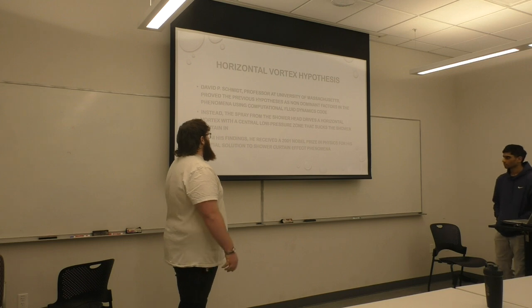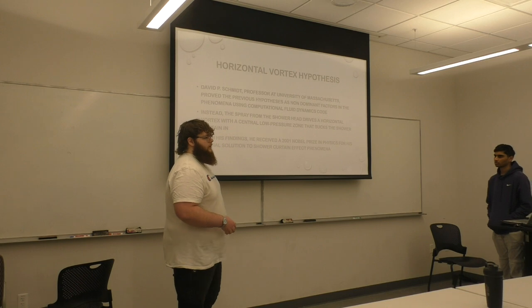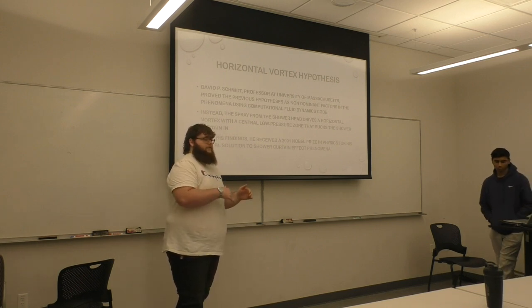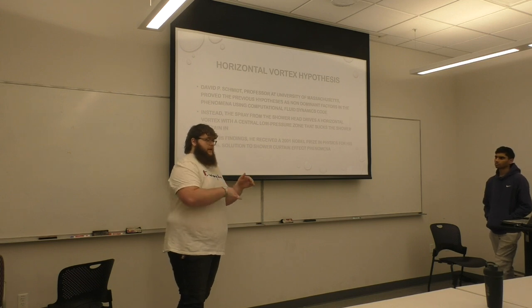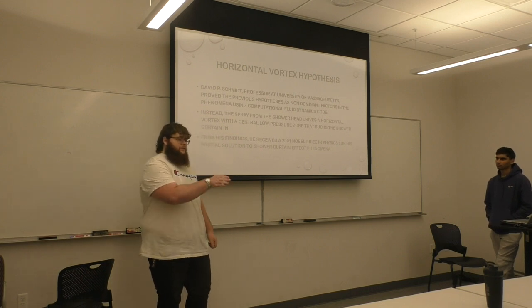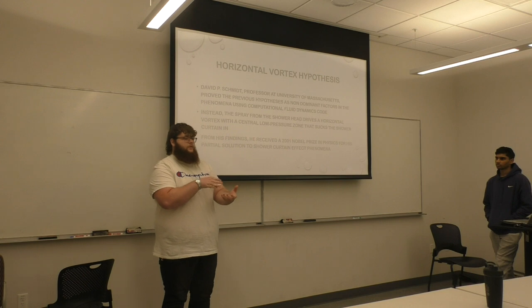But he did this code, and it shows that whenever the water flows out of the shower head, it pushes the air and circulates the air in a vortex. In that vortex, there's a central zone that has low pressure.